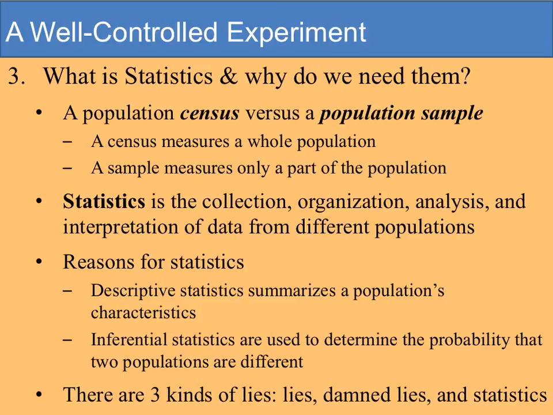So that's why we need a representative sample of the population and not one that's biased. And we can have descriptive statistics, like the percentage of the sample who is male and the percentage who is female. Something like that.